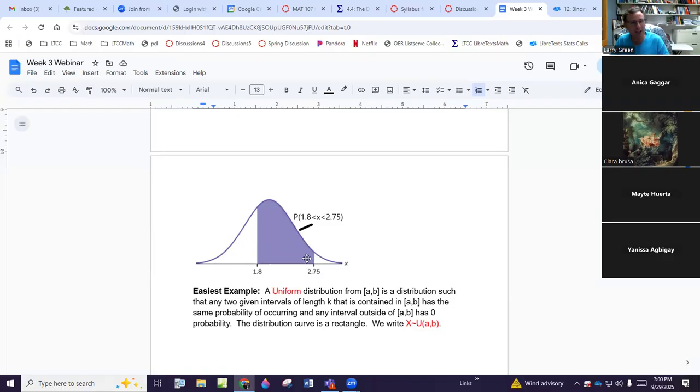Now, to find the area of this, if you had to do this by hand, let me ask you, say yes or no. I have had at least a full year of calculus. Yes or no?